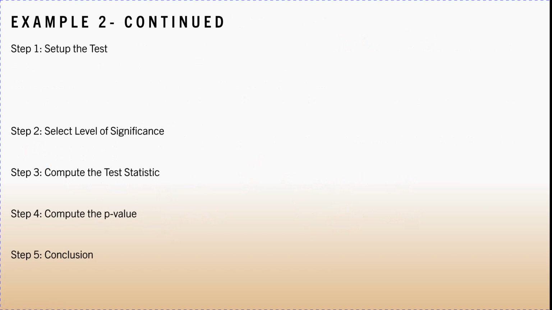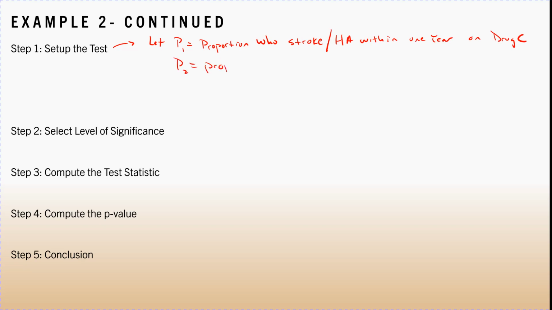So here's how we're going to set up the test. We're going to let P sub 1 equal the proportion who had a stroke or heart attack, I'm going to put HA for heart attack, within 1 year on drug C. And P sub 2 is going to be the proportion who have a stroke or a heart attack, HA again for heart attack, within 1 year on this second drug.